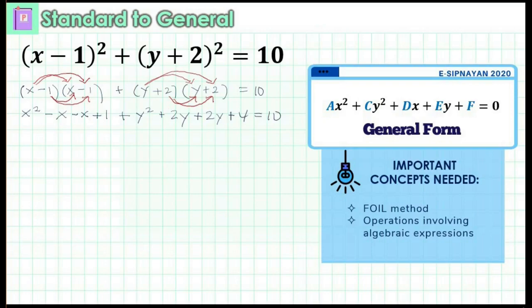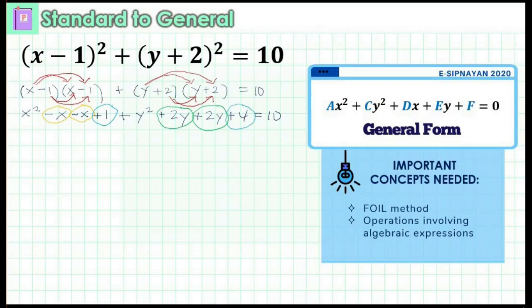After which we are going to combine like terms. So here we are going to utilize our knowledge in algebraic expressions. So we can combine negative x minus x. And then we can also combine 2y and another 2y. They are other like terms. And lastly, we can also combine the constants. And the constants here on the left hand side of the equation are 1 and positive 4.